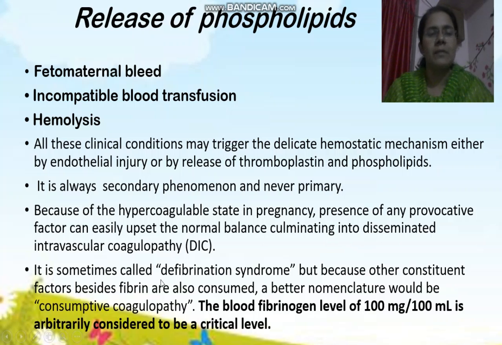It is sometimes called defibrination syndrome, but because constituent factors besides fibrin are also consumed, a better nomenclature would be consumptive coagulopathy. A blood fibrinogen level of 100 mg per 100 ml is arbitrarily considered to be a critical level. So these are the factors that cause the coagulation failure.